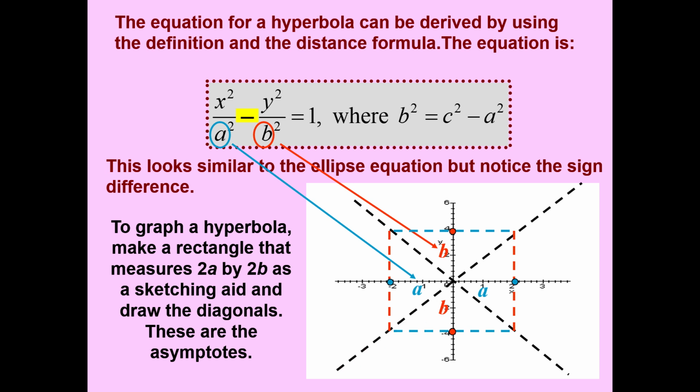We have 2a and 2b, and across the diagonals are where the asymptotes would be. And our c here, which is also on that transverse axis.